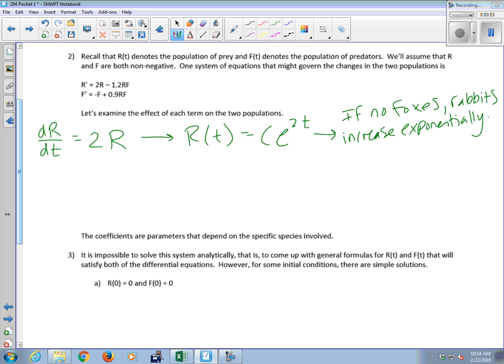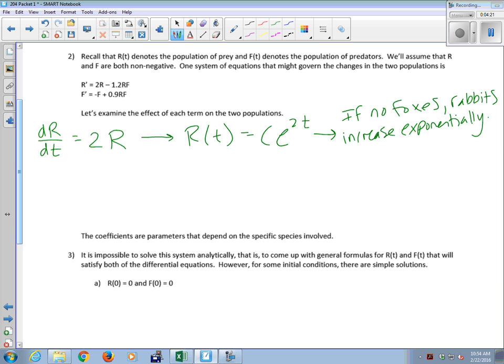Why does it always come out as e to the something? It's just separation of variables. I just didn't write out all the work. Because you end up integrating both sides, and you usually get an ln.